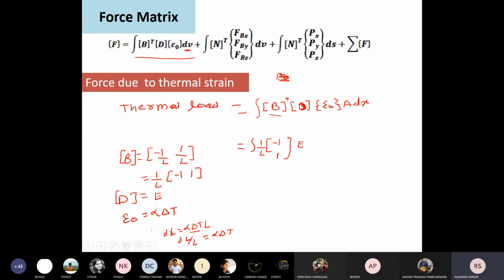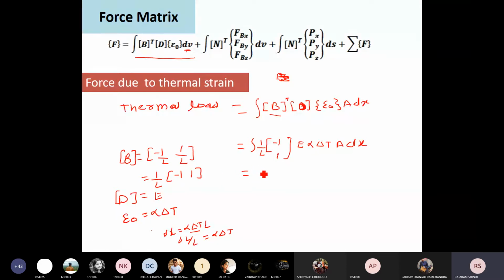For two dimensional, there are two components. Now epsilon 0 is alpha delta T. Next is A dx. Now I will take all these terms out of the integration, because 1 upon L is constant, minus 1 1 is constant, E is a material property so it is constant, alpha is not depending on dx, delta T is not dependent on length dx, and area is constant.